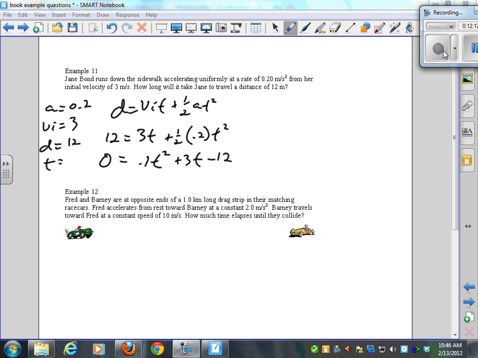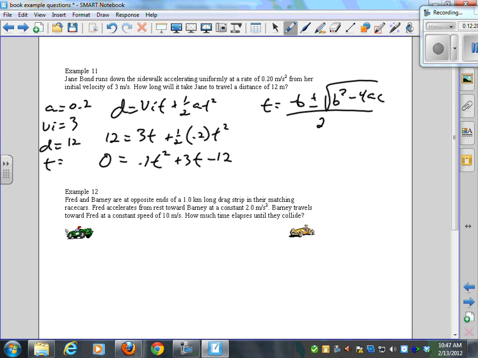Okay, so we're going to go x equals. Now, is it x equals? In this case, it's really t, right? T equals minus b plus or minus the square root of b squared minus 4ac, all over 2a. So in this particular case, that's going to be minus b, which is minus 3.